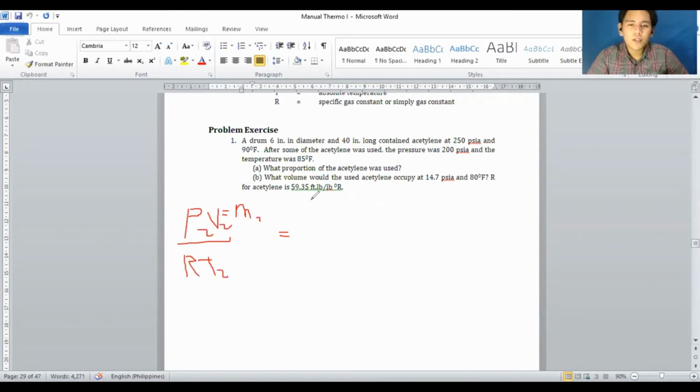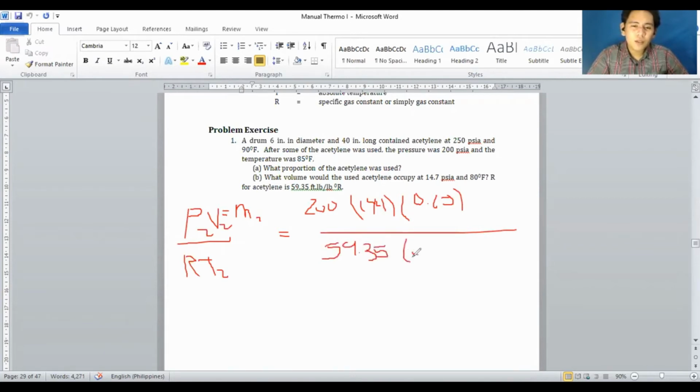So therefore, your pressure 2 is 200 psi multiplied by your 144 conversion factor multiplied by your volume, which is 0.65, all over your R, which is 59.35, and your absolute temperature. Don't forget to change your temperature into an absolute temperature.